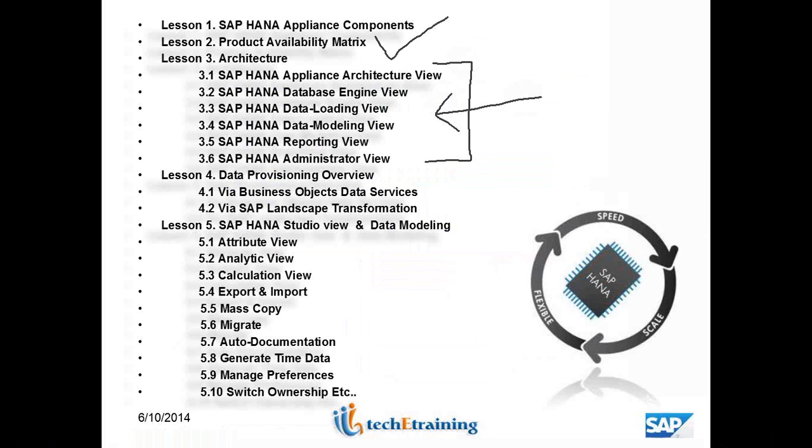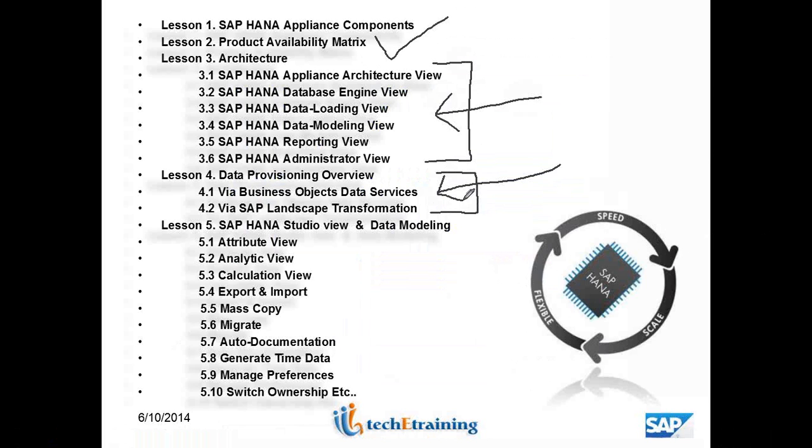Then lesson number 4 is one of the prerequisite tools, which we have already started to conduct. That is BODS, Business Objects Data Services. Okay, so Business Objects Data Services is an ETL tool, which stands for extraction, transformation, and loading. This particular tool allows HANA to acquire data from various sources, from various legacy systems or enterprise systems which are slow performing, which do not support big data, and which do not support real-time analysis.